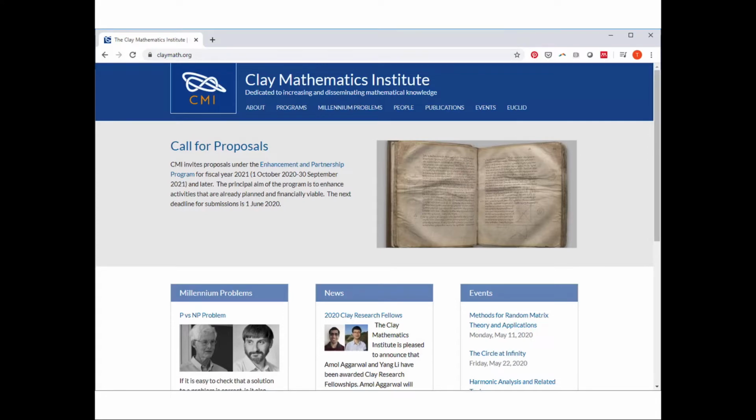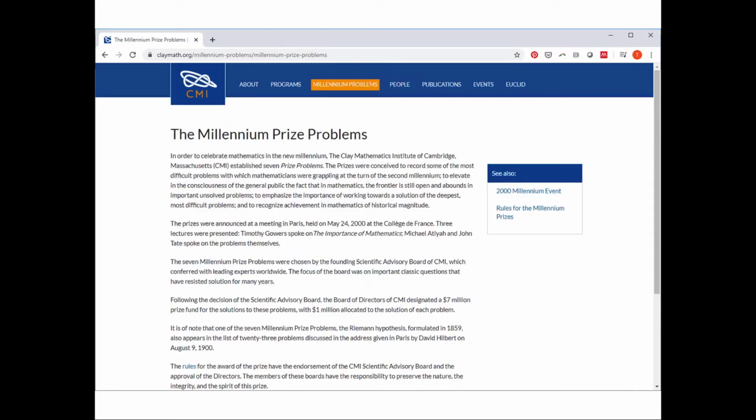Now, they set up what are called the millennium problems, which were determined to be some of the hardest, most important problems in all of mathematics. The Millennium Prizes were conceived to record some of the most difficult problems with which mathematics was grappling at the turn of the second millennium.